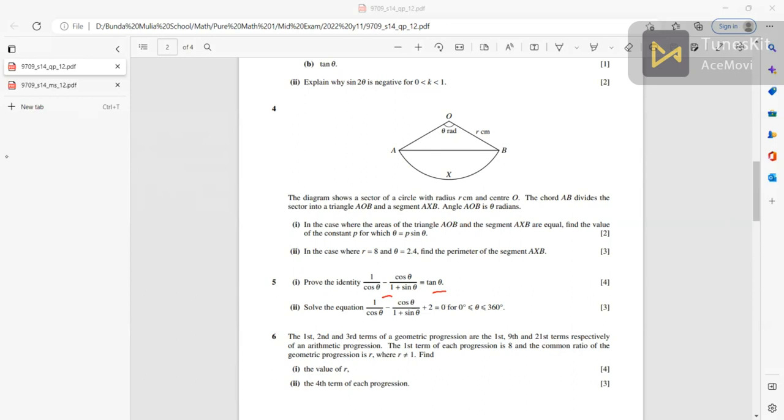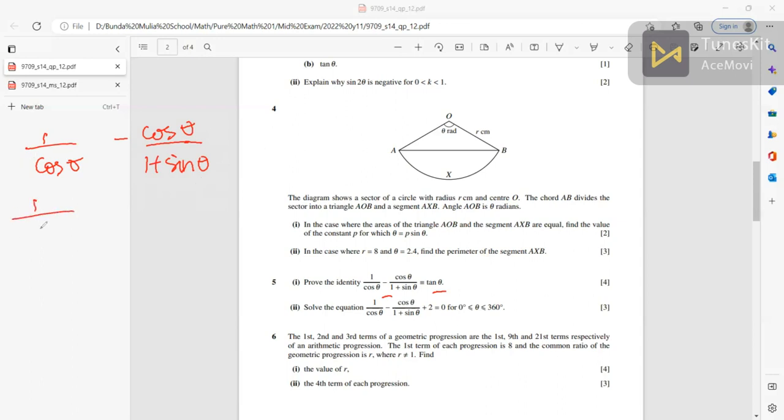So 1 over cos theta minus cos theta over 1 plus sine theta. We know that this is already cos and sine, so we do not have to change anything. We only have to make the same denominator.